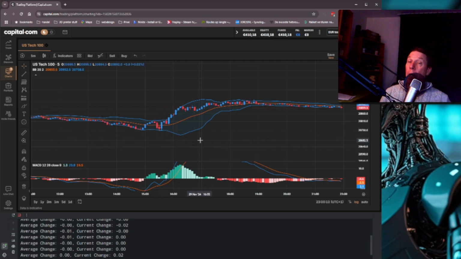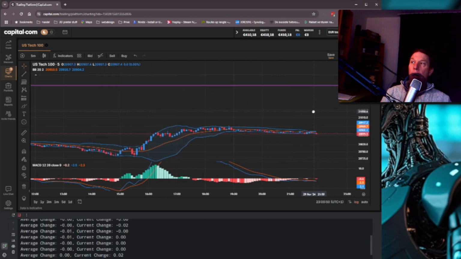So hopefully next week we have a more active market, and then it is the 1st or 2nd of December. I don't know, there should be numbers available about the fourth quarter profits, and then we will see if the market reacts to it with buying or selling or anything. We are still high at 20,900, so we're very close to the all-time high.